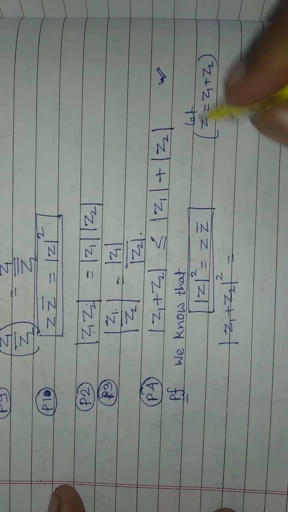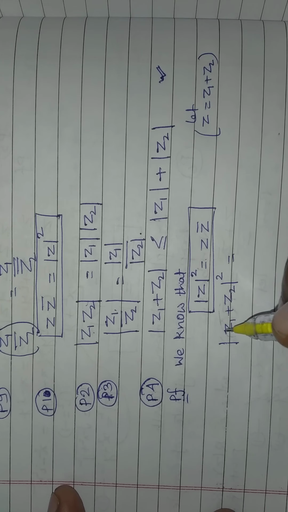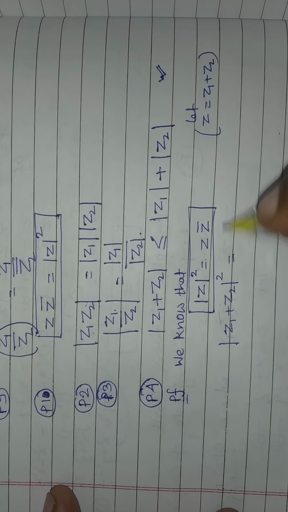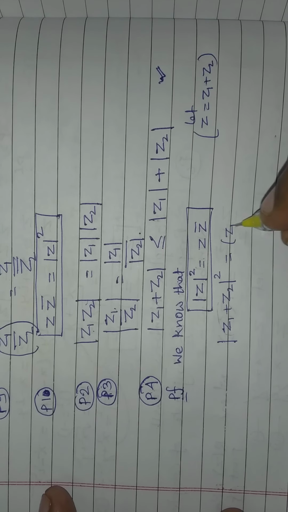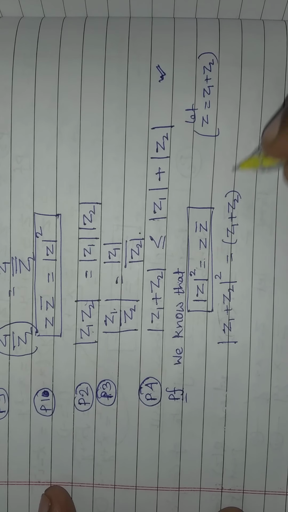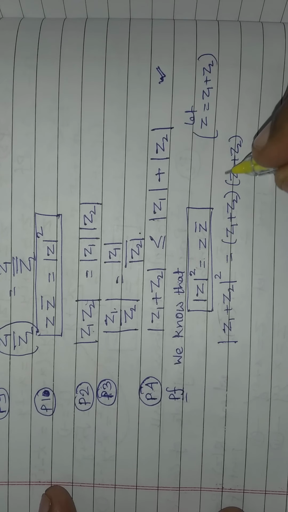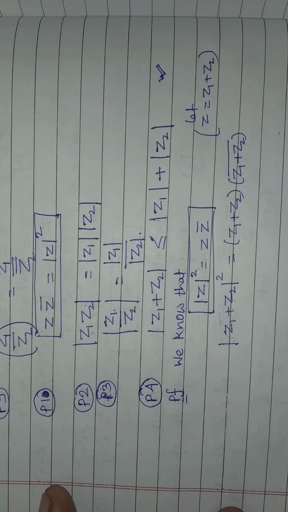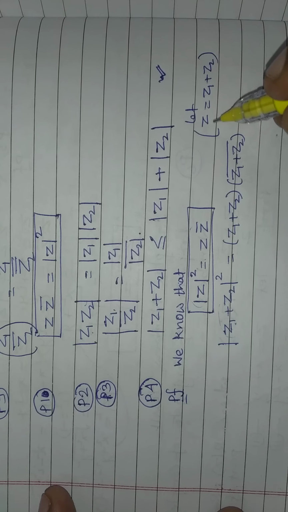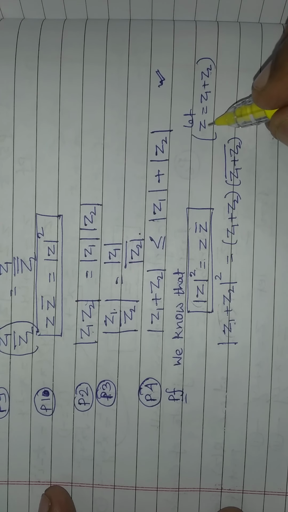Let us suppose the sum of two complex numbers is also a complex number. So Z1 plus Z2 is treated as Z. Then we can write Z1 plus Z2 times Z1 plus Z2 whole conjugate, with the help of this property, and I have assumed Z1 plus Z2 is equal to Z. Is it clear?